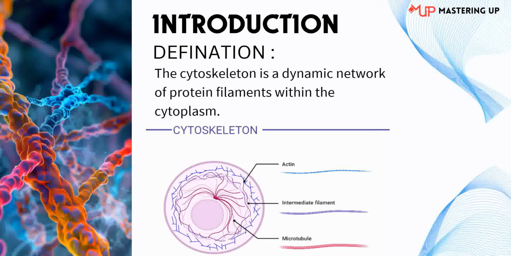So it's important to note that the cytoskeleton isn't just a structure, it's the backbone of dynamic processes that keep the cell functioning and growing. So let's now break it down further into its key components and their specific roles. Move on to the next slide.